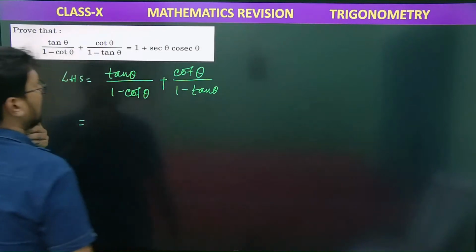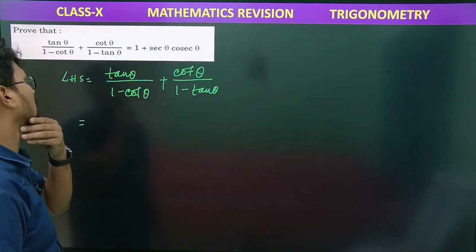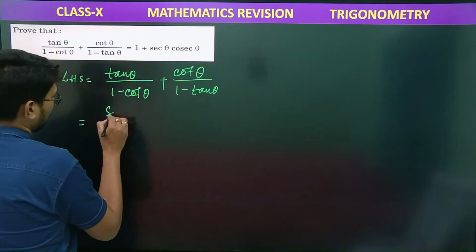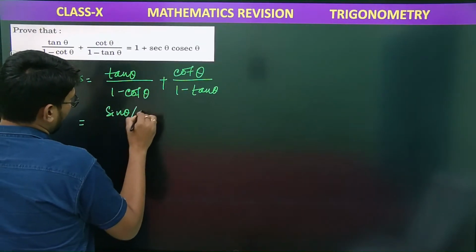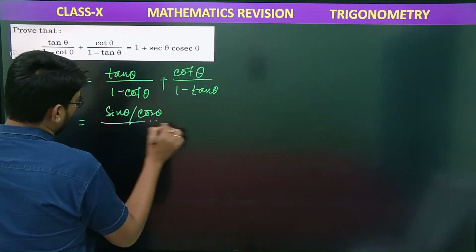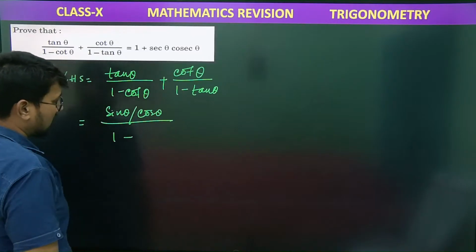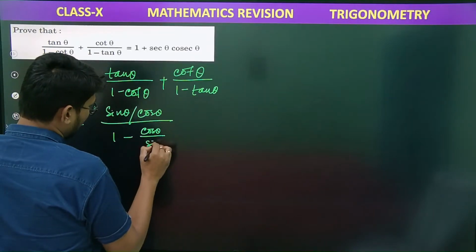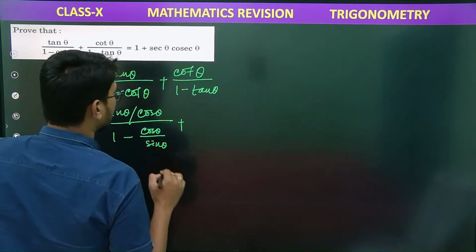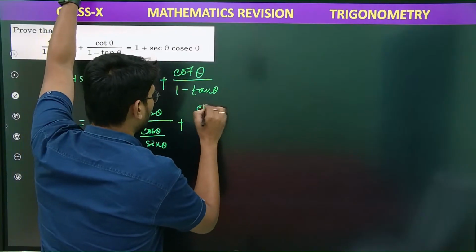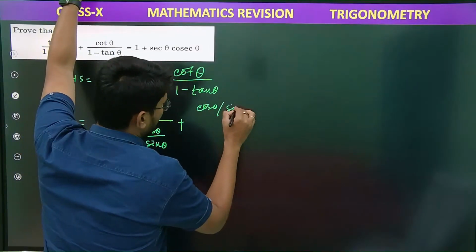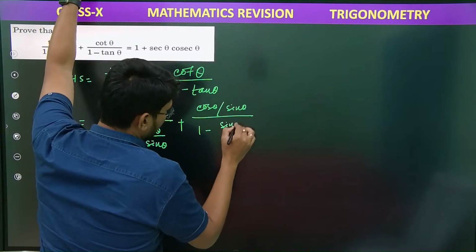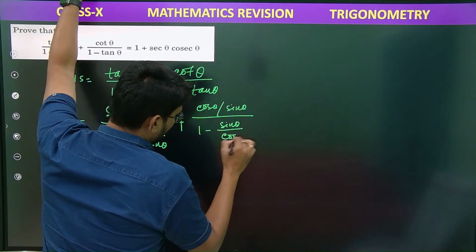See how we'll solve the second question. For that, what do we have to do? We have to write tan in terms of sin and cos. Sin theta by cos theta, all divided by 1 minus cot theta, which is cos theta by sin theta, plus cot theta, that is cos theta by sin theta, whole divided by 1 minus sin theta by cos theta.